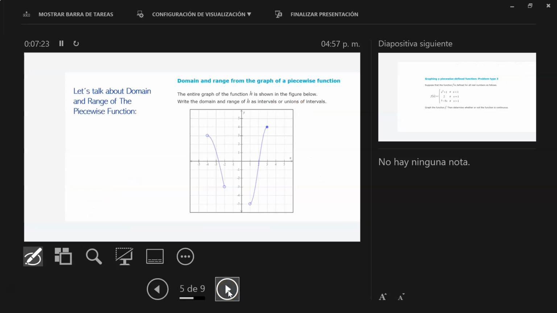And let's talk about domain and range. Domain and range, well, you have to pay attention to which parts of the domain are the x values of the function. So for example, for this piecewise defined function, the domain starts at -4.